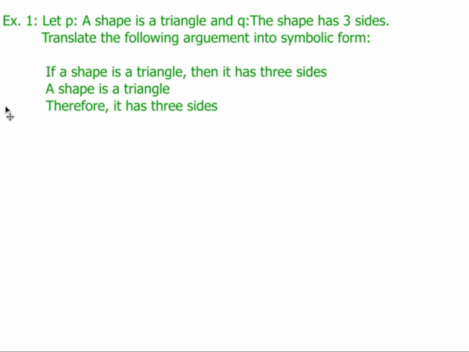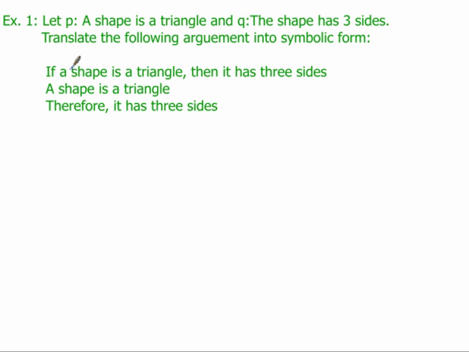So let's take a look at an example. Here's example 1. It says let P be a shape is a triangle, and Q be the shape has 3 sides. We want to translate this argument into symbolic form. So I want to take each line of the argument and make it symbolic. I've got, if a shape is a triangle, then it has 3 sides.